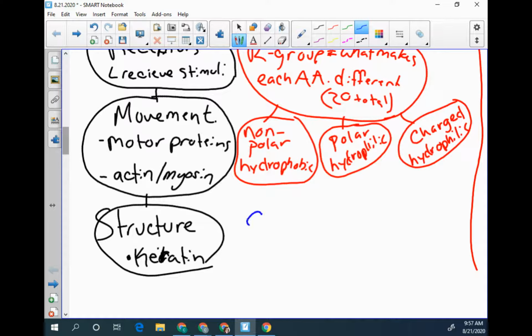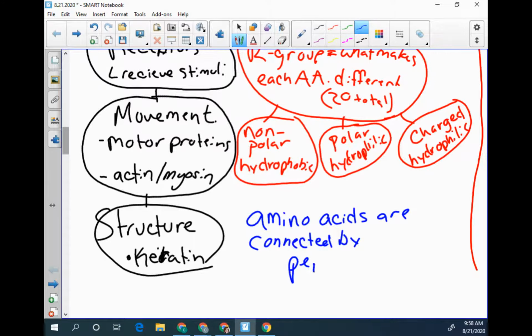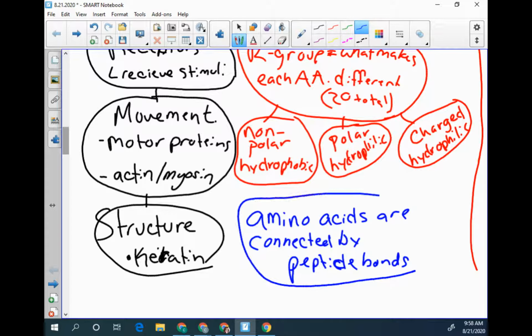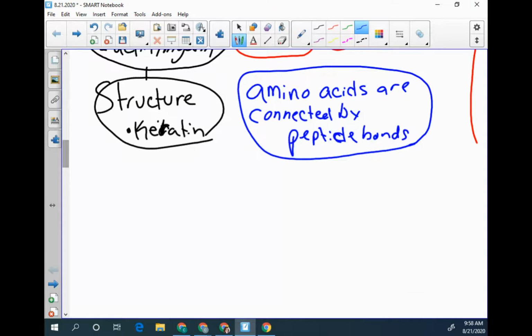These amino acids are connected by peptide bonds. So every amino acid in every protein is connected to another amino acid by a peptide bond.